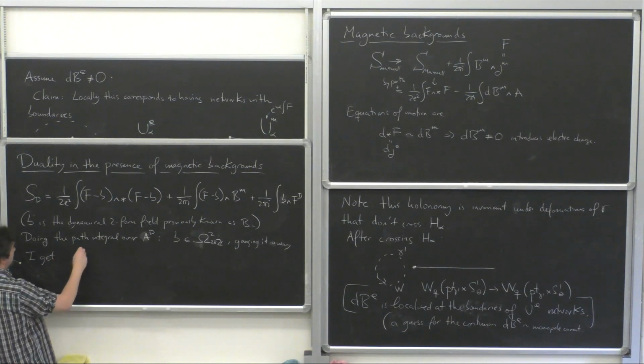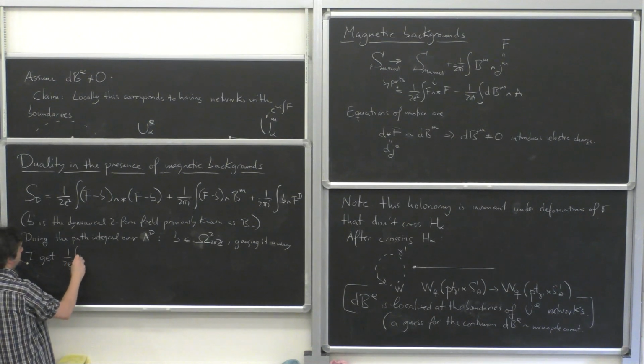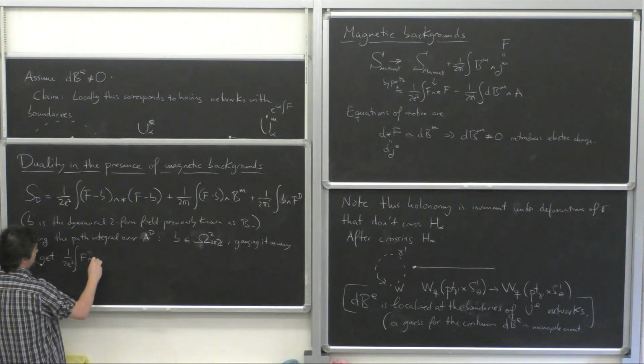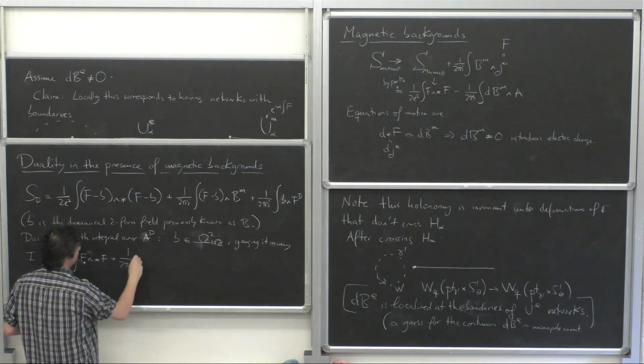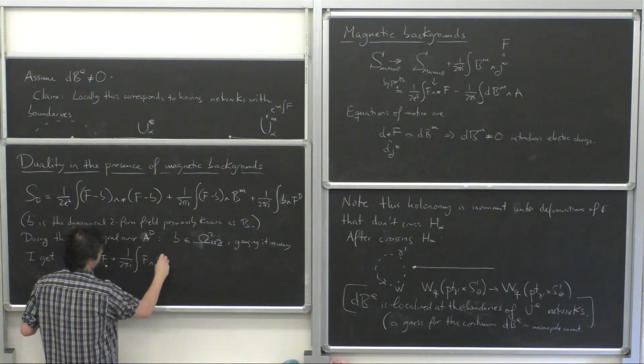I get the following: integral over 1 over 2e squared, f wedge star f, plus 1 over 2 pi i, integral of f wedge B_m.